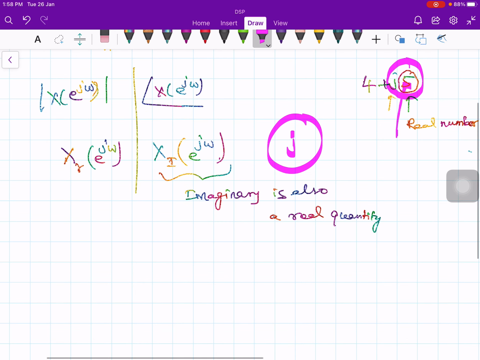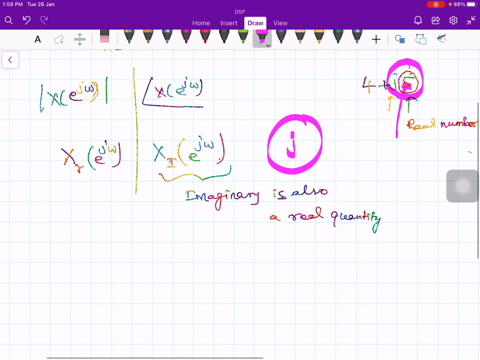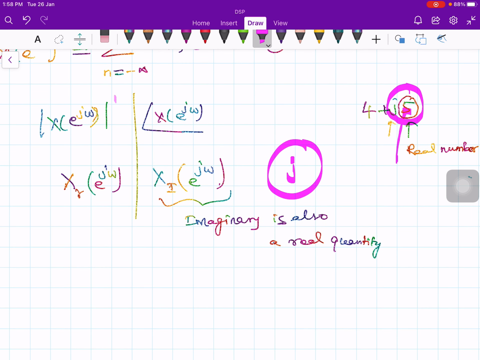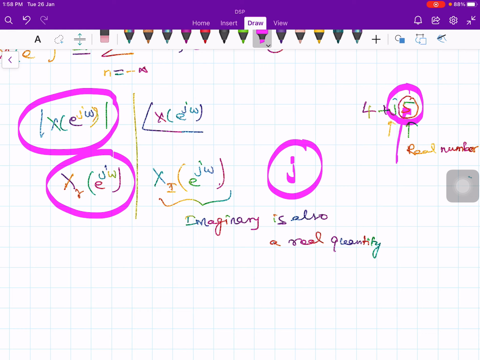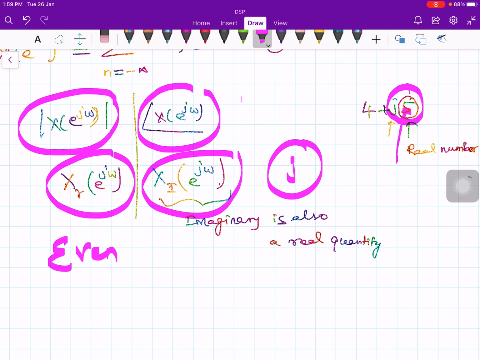And we also stated that both the magnitude and the real part are even functions of omega, and the phase angle and the imaginary part both are odd functions of omega.